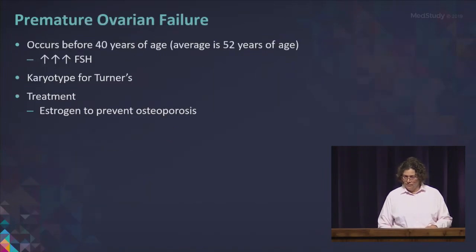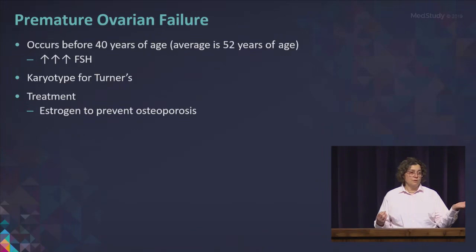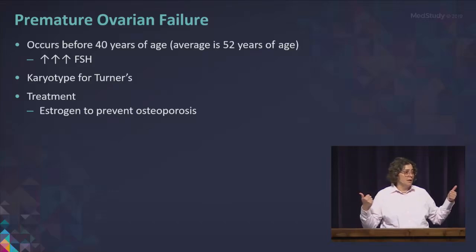So a premature ovarian failure is when you hit menopause before the age of 40. Because remember, the average age of menopause in the United States is early 50s. Here it's the context of signs and symptoms of estrogen deficiency, hot flashes, vaginal dryness, no periods, in the context of an FSH that's elevated in the menopausal range.